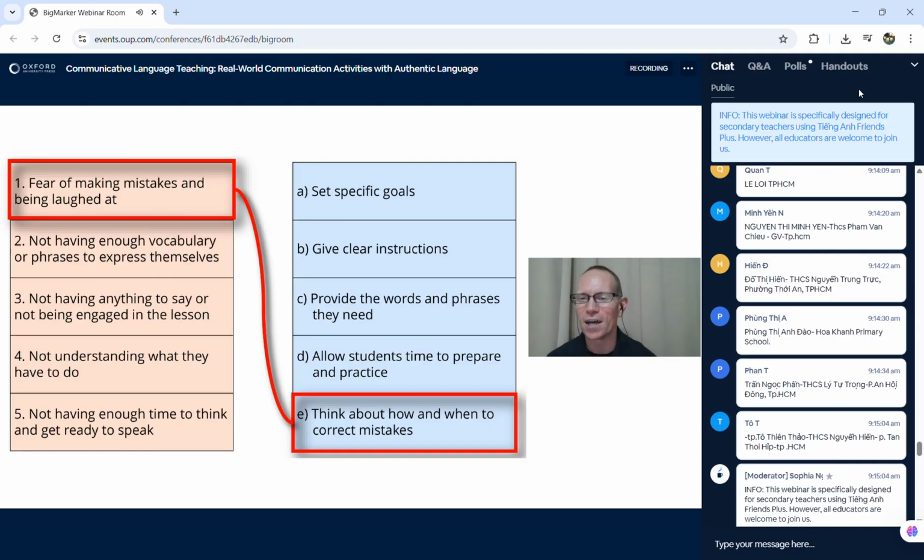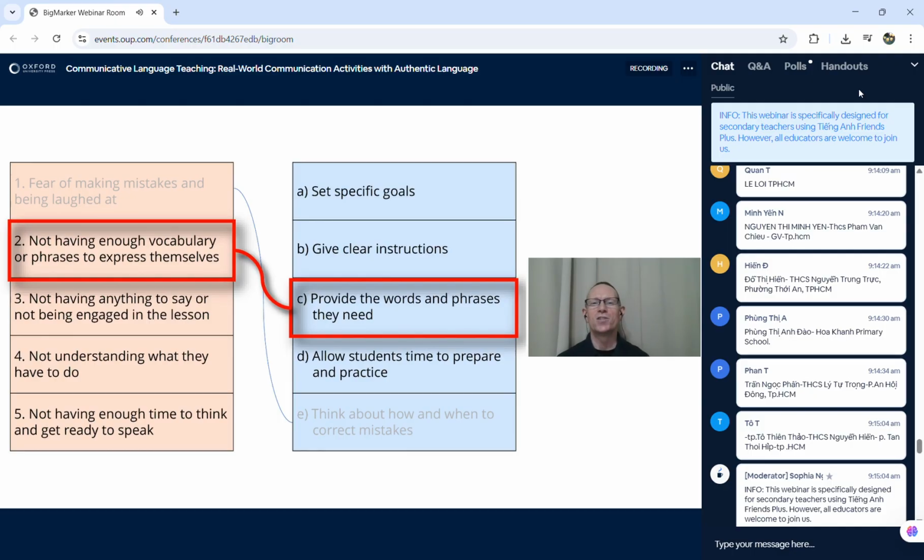Okay, some of you have typed in all of the answers, so let's look at them together. 2, not having enough vocabulary or phrases to express themselves. You have all chosen C there, and that is correct. We should provide the words and phrases they need to communicate. So sentence stems are very important here.